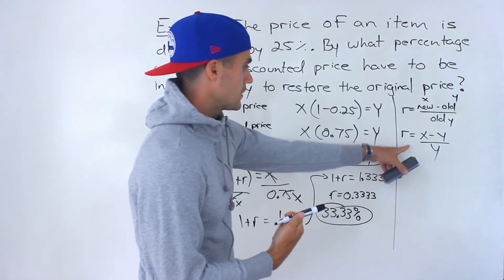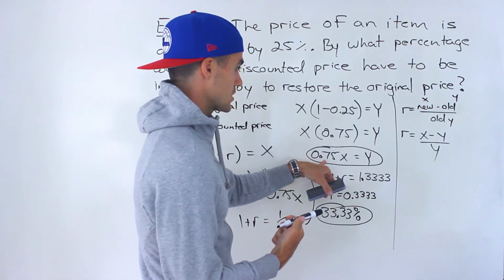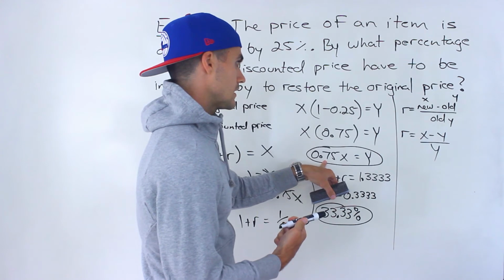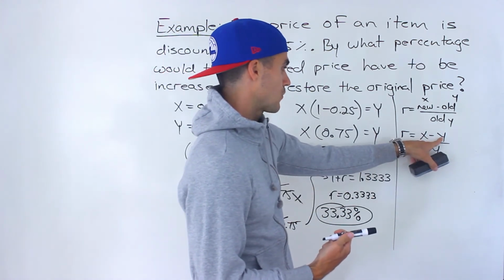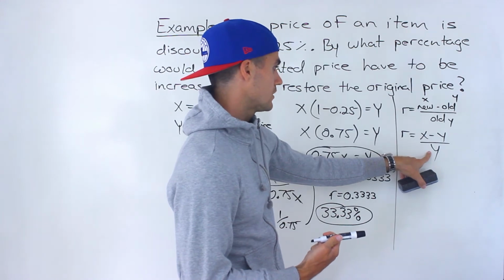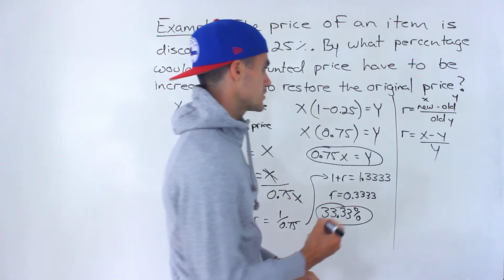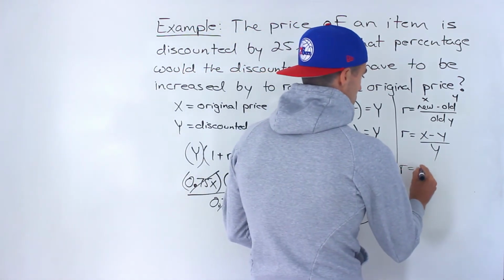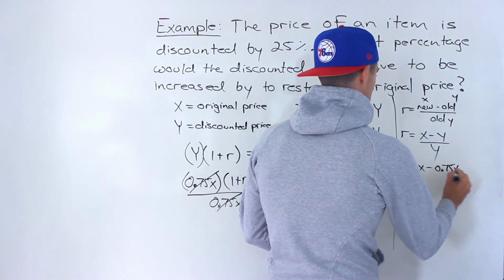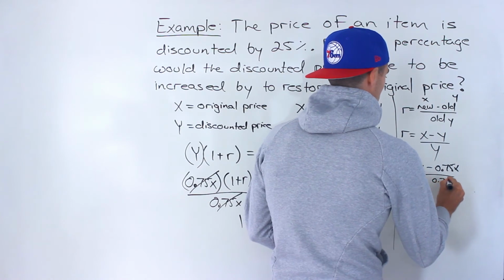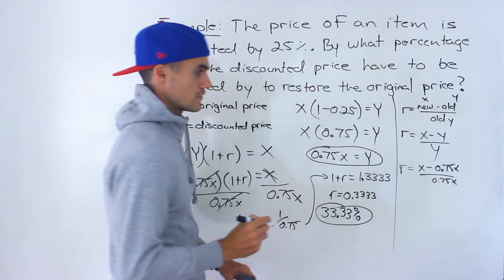So from here, again, we would use this relationship, and we can plug in 0.75x for the y here and the y over here. So we'd have x minus 0.75x, all over 0.75x.